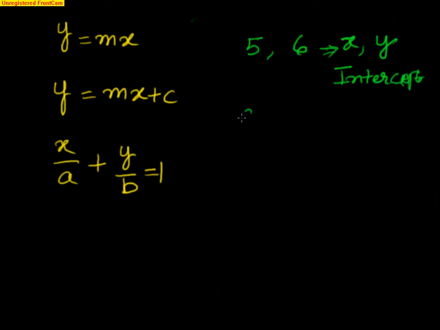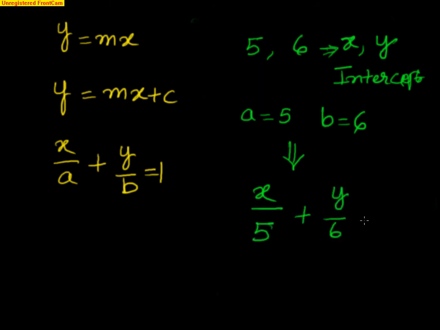That means a is 5, b is equal to 6. Now what is my equation? x by 5 plus y by 6 is equal to 1. Simple and straightforward. 6x plus 5y equal to 30.